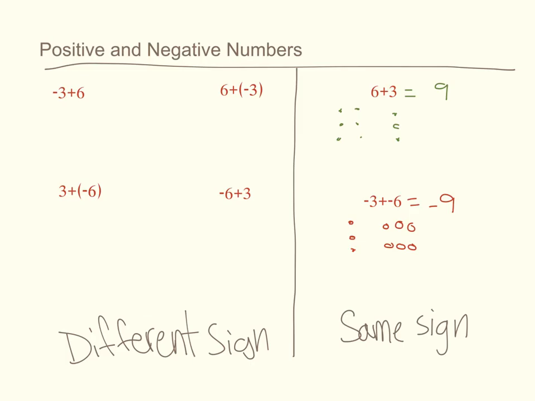I've also heard this talked about as good guys and bad guys, where the positive numbers are the good guys and the negative numbers are the bad guys. But when you have the same sign, my rule is, add and keep the sign.